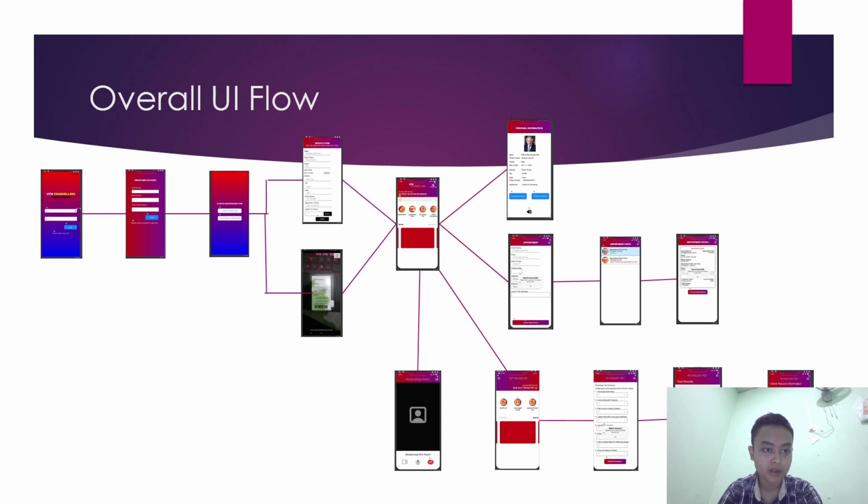If the client creates a new account, they will fill the biodata form or scan the QR code, and then we have the menu pages. In the menu pages there is a profile button, an appointment button, a psychology test button, and then a video conferencing button.